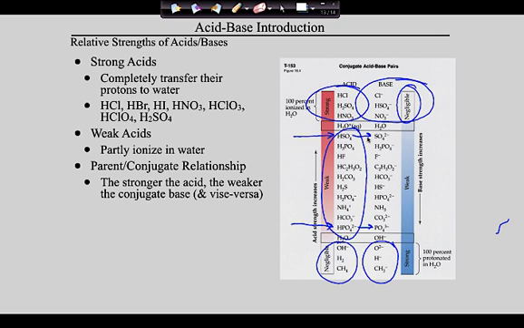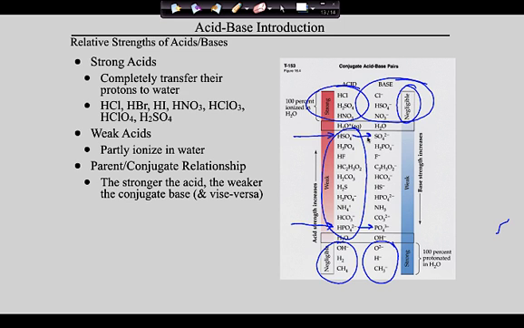Their conjugate bases go in the opposite direction. So if this is the strongest weak acid, this is the weakest conjugate base. And if this is the weakest weak acid, then this is the strongest conjugate base. So guys, there's an inverse relationship between the strength of the parent and the strength of the conjugate.